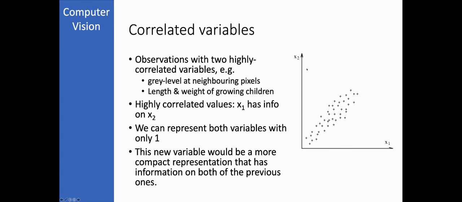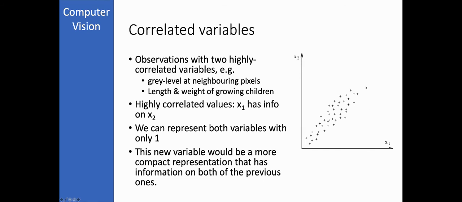These, for example, can be the grey level at neighboring pixels, which are supposed to be similar, or the length and the weight of growing children. We know that as the length increases, the weight also increases, so there is a high correlation. Which also means that x1 has a lot of information about x2.